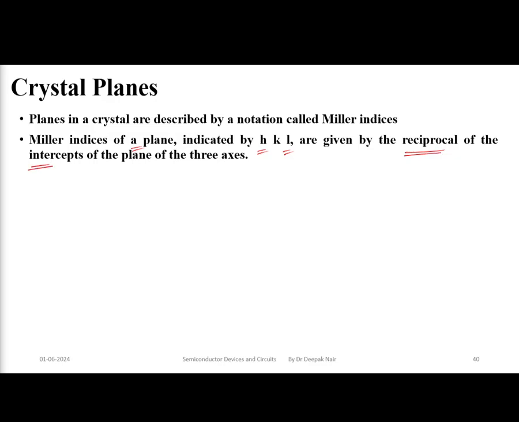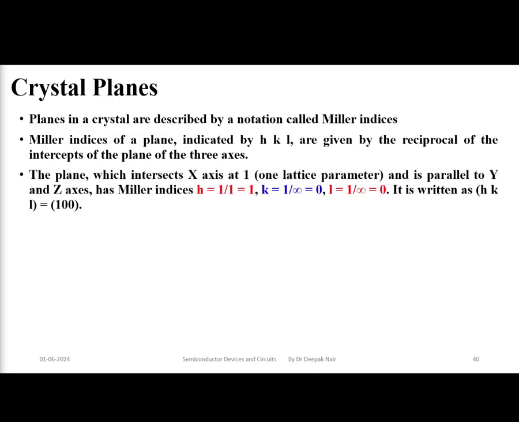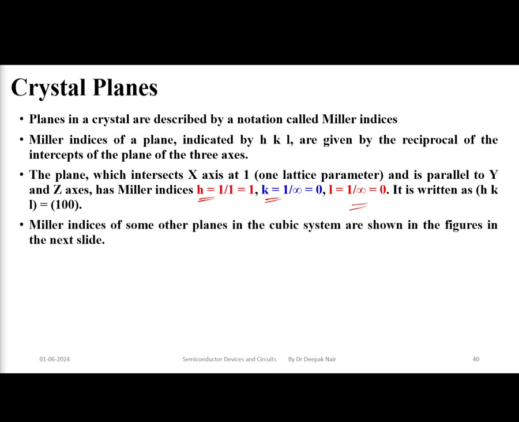We have seen that in the last slide also. Remember, you should always take the reciprocal, and while taking the reciprocal, you should always try to round these numbers to normal integers. We will see that in the upcoming slide.